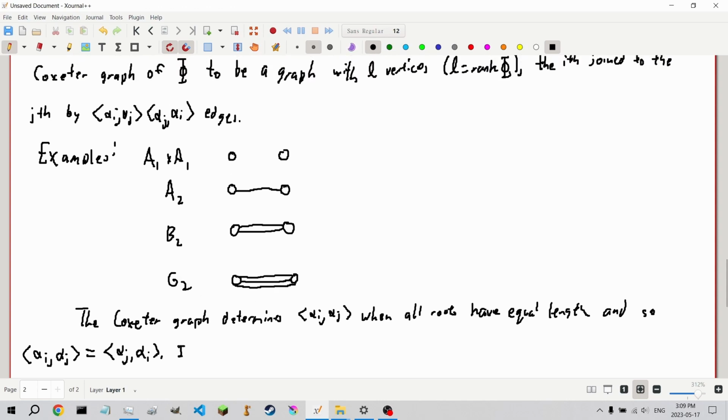If we have both lengths, we don't see from this graph which root is long and which is short.